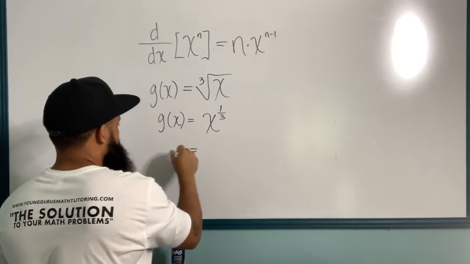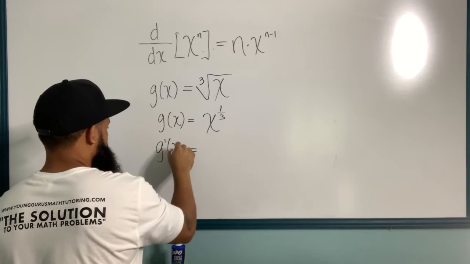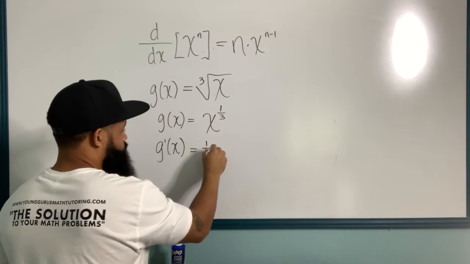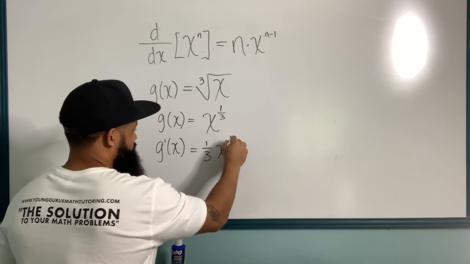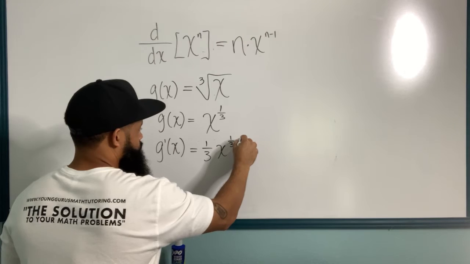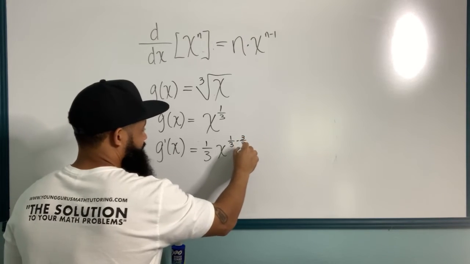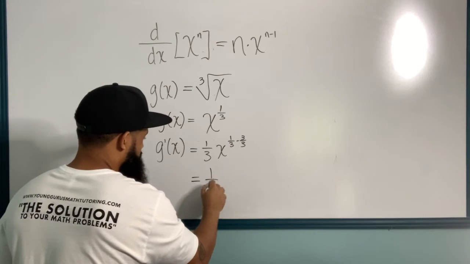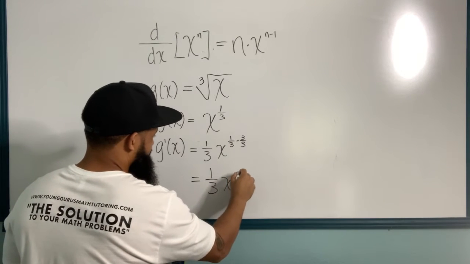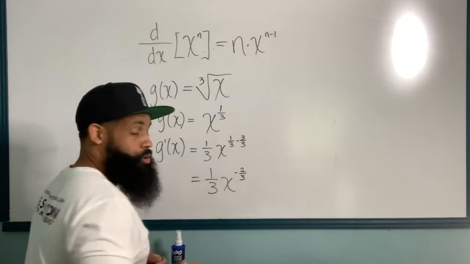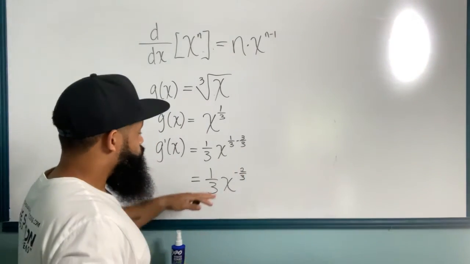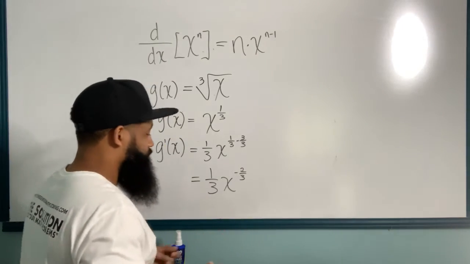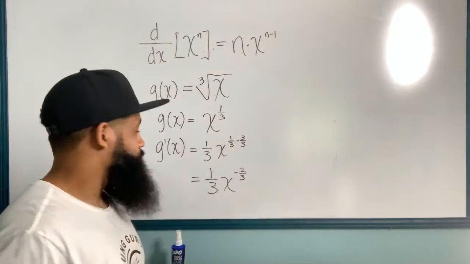So g prime of x is equal to, we're going to take this exponent to the front. So 1/3 x to the 1/3 minus 1. But now I'm going to write it as 3/3 because 3/3 is equal to 1. So then when we find that, we get 1/3 x to the negative 2/3 power, okay? Now, we can simplify that, but you can actually keep it like that, and you'll see different versions.